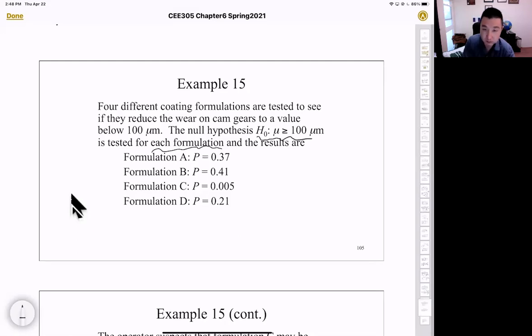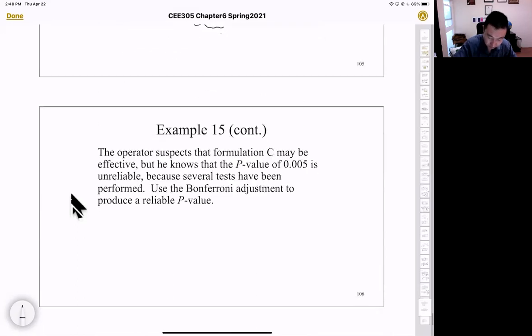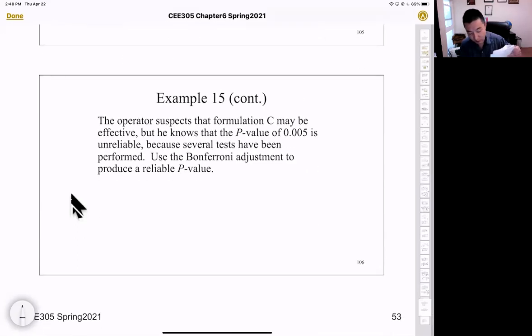We have 4 hypothesis tests for 4 different formulations, and they have 4 different p-values. The smallest p-value is for formulation C, which has a p-value of 0.005. So we know formulation C may be effective because the p-value is very small.